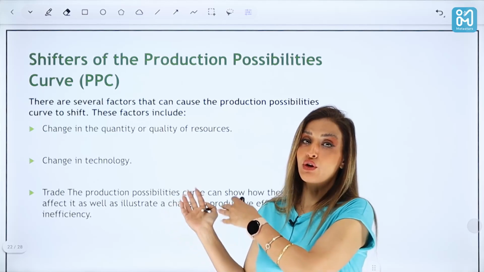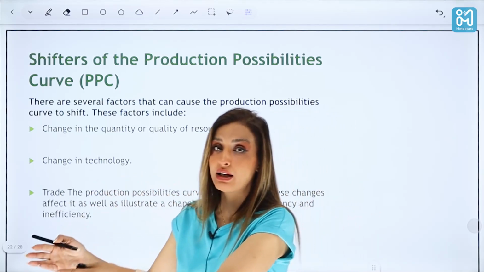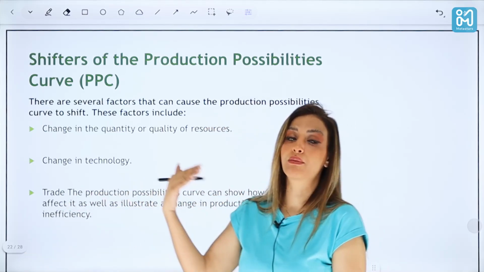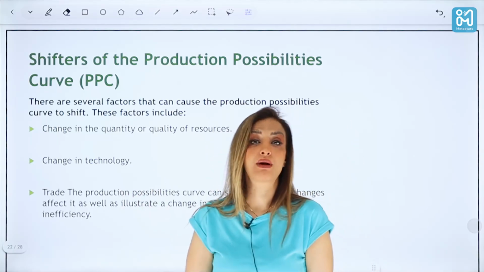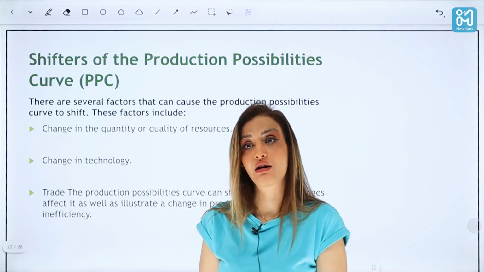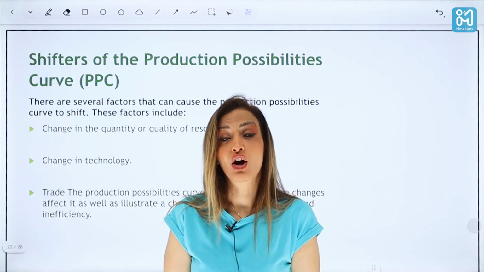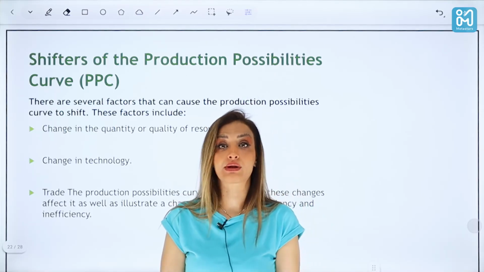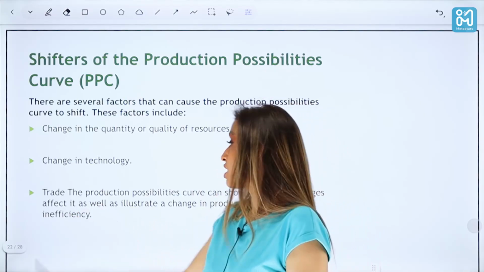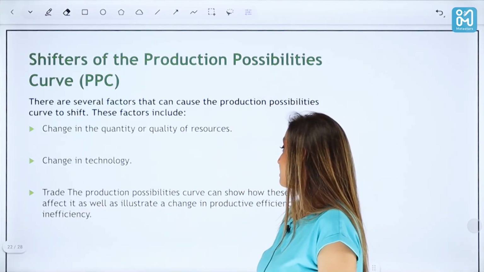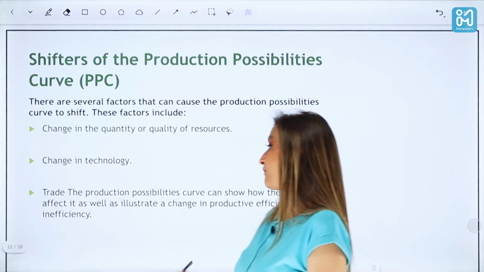Your economic growth will decline, so your curve will move from right to left. Change in technology, you might not have a new technology, or you have an error or something wrong with your technology, so that will affect your production process. Trade, the production possibilities curve can show how these changes affect as well.